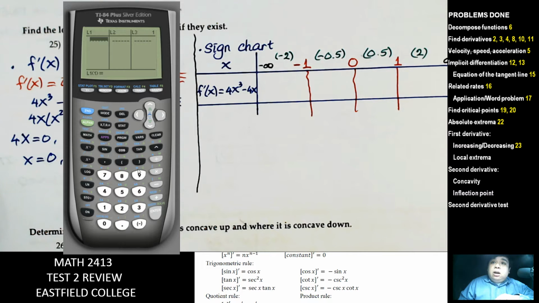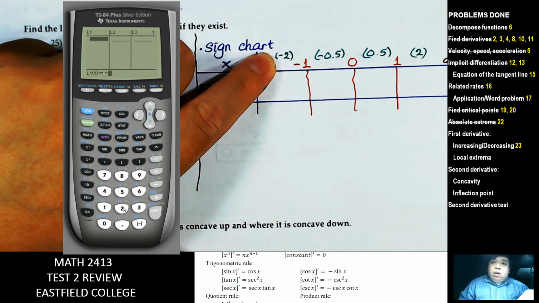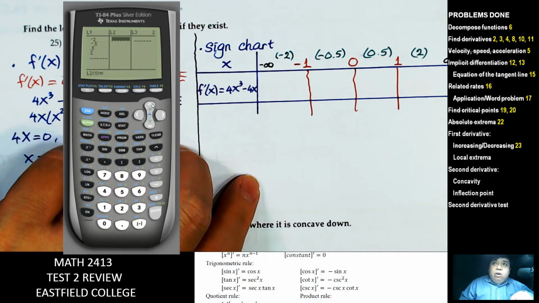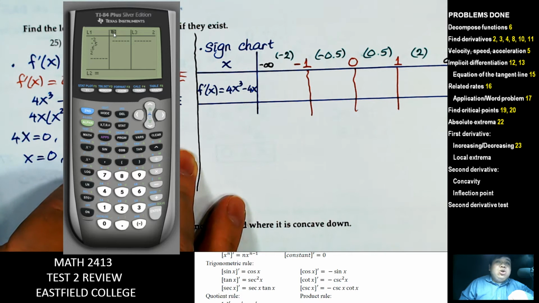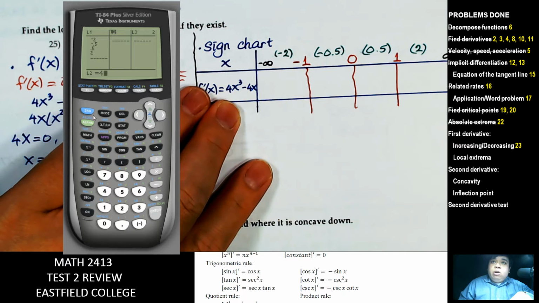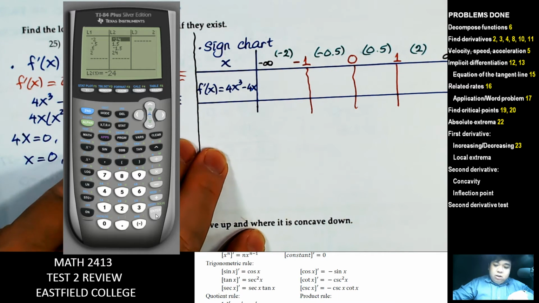L1 is the test points: negative 2, negative 0.5, 0.5, and then 2. When you enter the function, L2 must be highlighted. Now we enter 4 L1 cubed minus 4 L1, and we have those numbers.